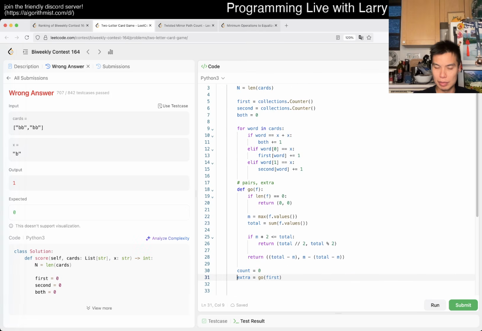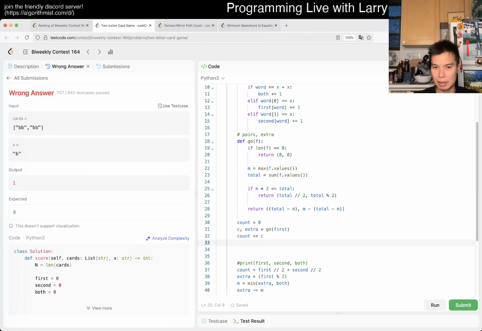Okay, so C is right. So count and then the extra thing we could greedy because first is intact with the second. Okay, yep. That part is still true. So we do, okay. I guess this part actually is the same.